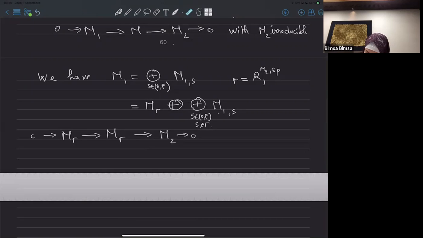And in that case, we get that MR is something like that, plus something by using the previous theorem. And then we get our decomposition.